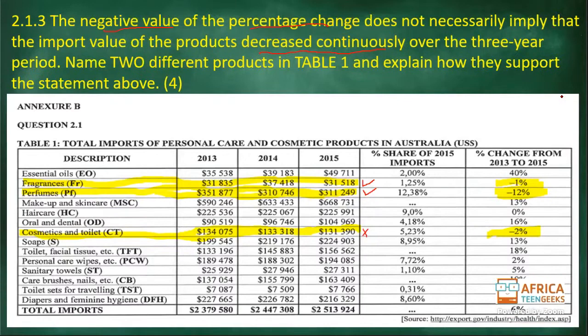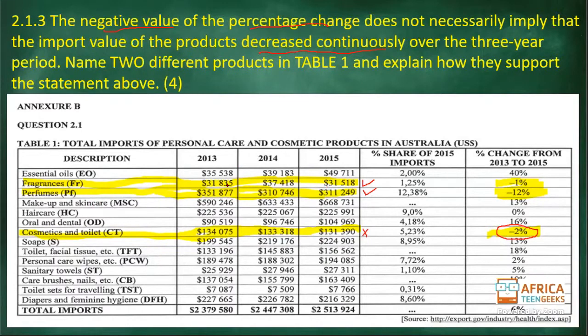It says the negative value of the percentage change does not necessarily imply that the import value of the products decreased continuously over the 3 years. The only one with a negative value that decreased over the 3 years is this one. So these two, the fragrances and perfumes, support the statement that it does not mean they decreased continuously.